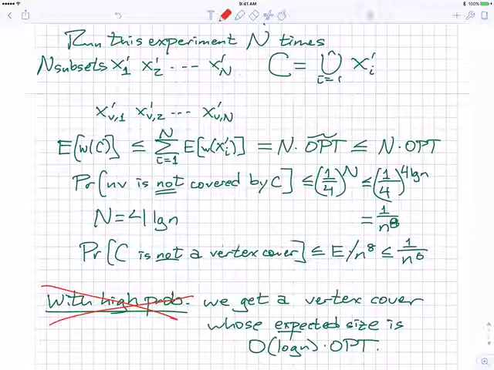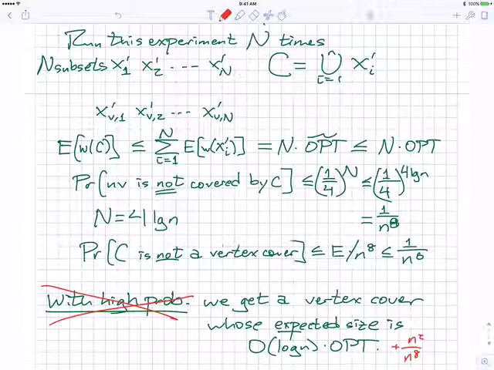So in fact what I could do is just say, if I've run this algorithm for 4 log n iterations and I still don't have a vertex cover, screw it, just take every vertex. That's not big O of log n times opt anymore, but the probability of it happening is so small that it has no effect on the expected size. So this is plus n divided by n to the 8th. Okay, fine.